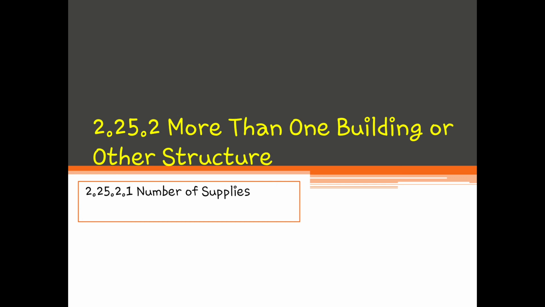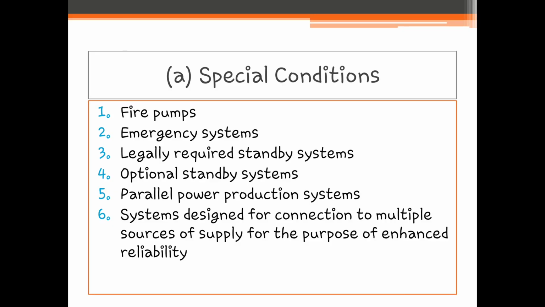Next is more than one building or other structure. So for number of supplies, isa ra ka feeder supply ang isa ra ka supply. More than one building or other structure is on the same property and under single management, isa ra ang mag-supply ana na feeder, unless under special conditions.